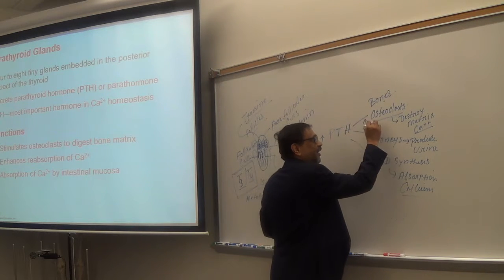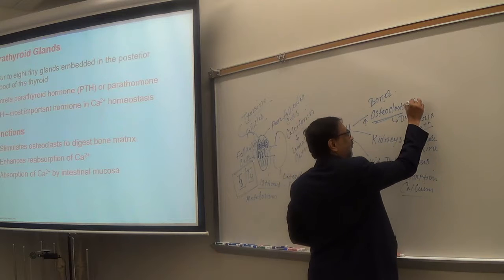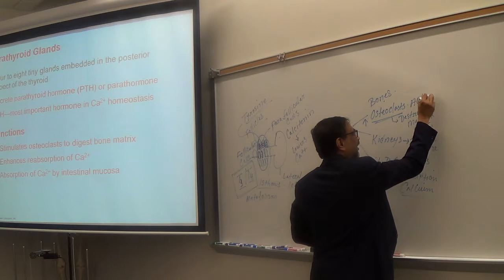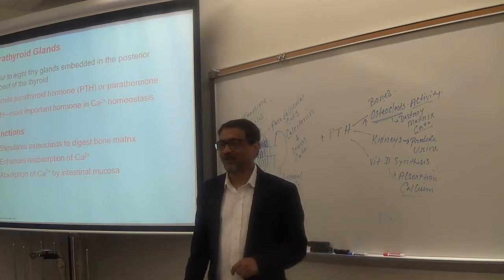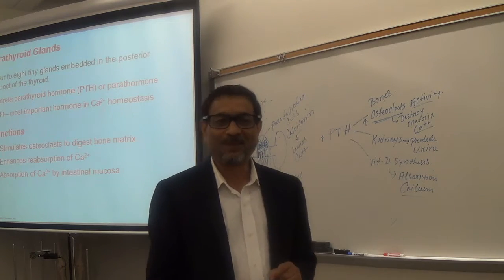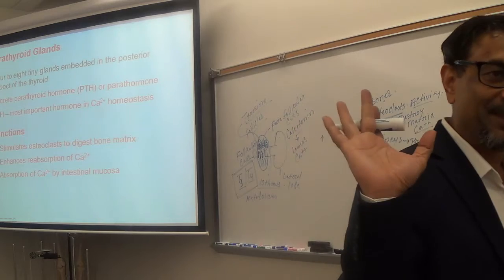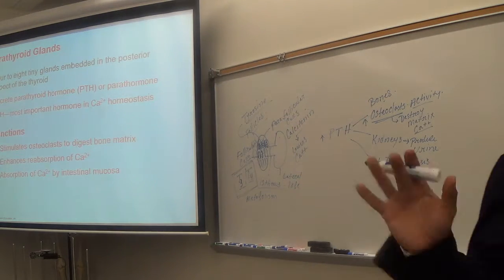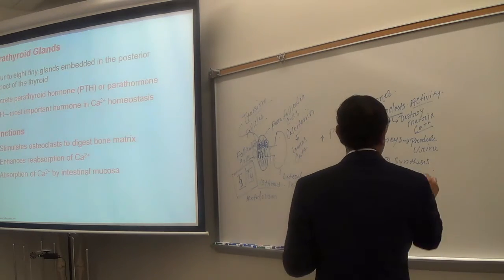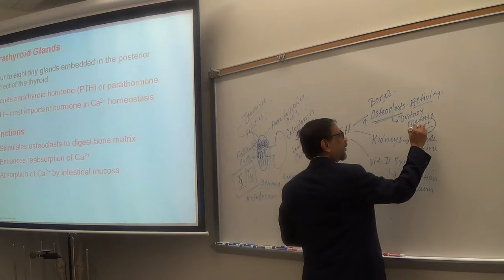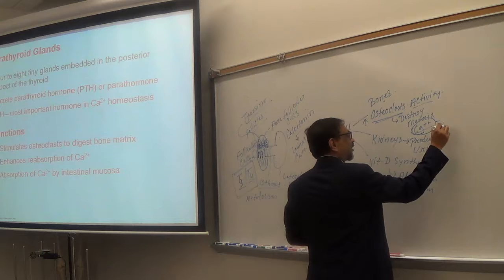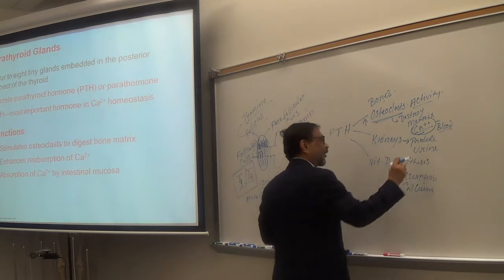Increases osteoclast activity. That means it will stimulate the osteoclasts. So osteoclasts will start to destroy the matrix. Make sense? They will start to destroy the matrix, and calcium will come out from the matrix and enter the blood.